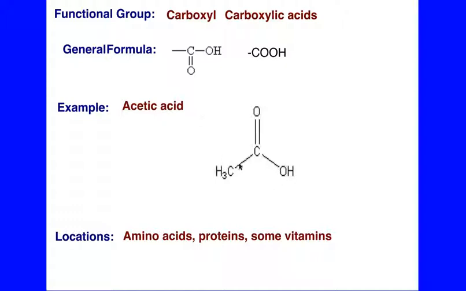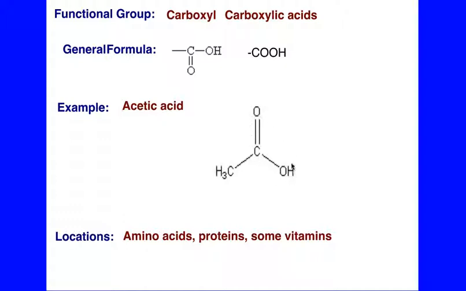Be real careful. Here's another one of those that you'll have to be careful not to mix up. This is not an alcohol by itself. This OH is attached to a carbon with a double bonded oxygen, so the whole thing stays together as one carboxylic acid.